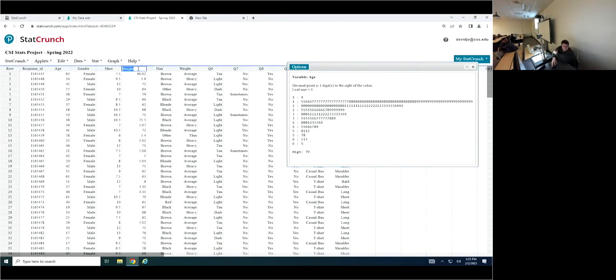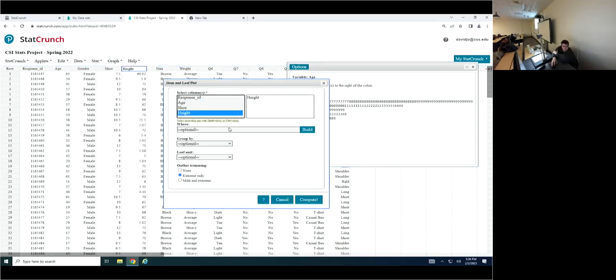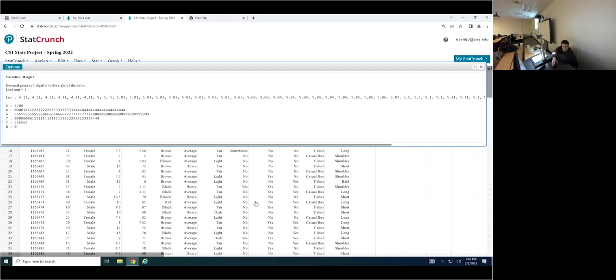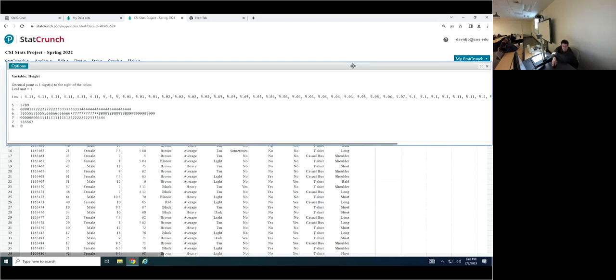How does it work on height? We go to options, edit. Height gives me a good one. It's got them broken up into, these are inches. So the 6 is broken up, the 7 is broken up.